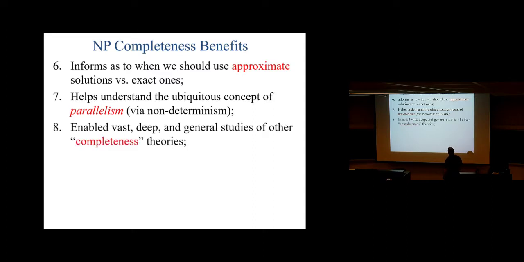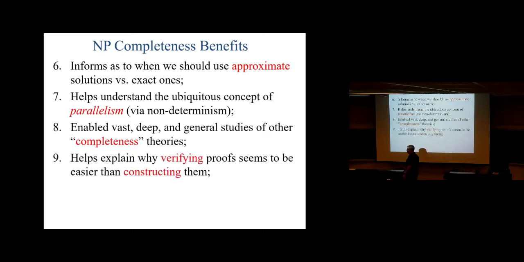So it enabled very general studies of completeness theories, and relationships between large classes of problems. It helps explain why verifying proofs seems to be easier than actually constructing these proofs in the first place. Like we said earlier, verifying or checking somebody else's solution is easier than coming up with your own.